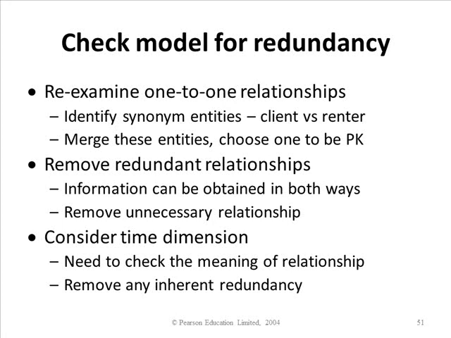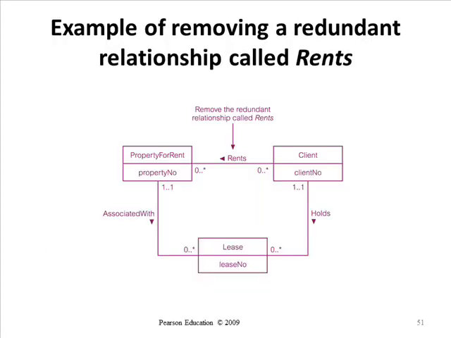In this example of removable redundancy, you can see the relationship between a client and property for rent, and client through lease. So there are 2 ways to get information about the client leasing property for rent: through the relationship between client, lease, and property for rent, and from client directly to the property for rent.